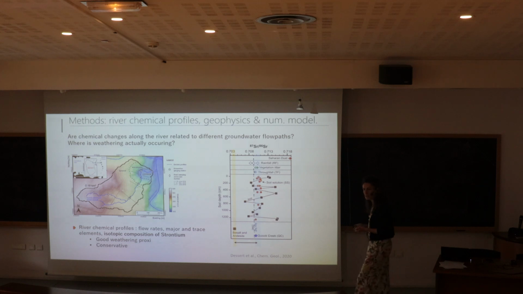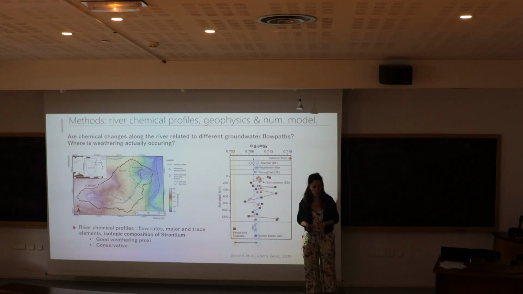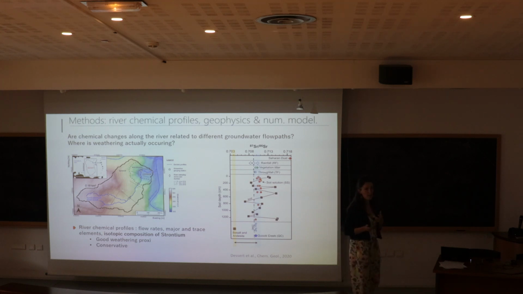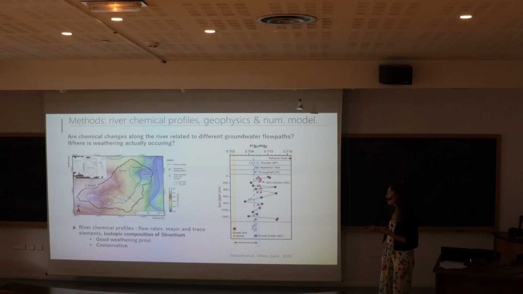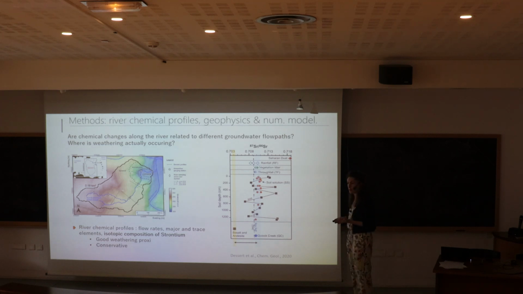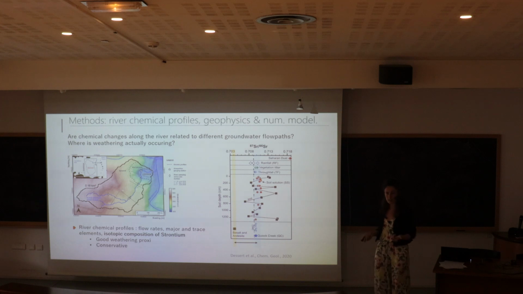It is a very high difference in the isotopic ratio, which means that we have a proxy to see, depending on its isotopic composition, whether the water has only a rainfall composition, meaning that it has never seen the bedrock, or it has the isotopic composition of the basalt, meaning that it has interacted with the basalt. So that is the first thing that we did.